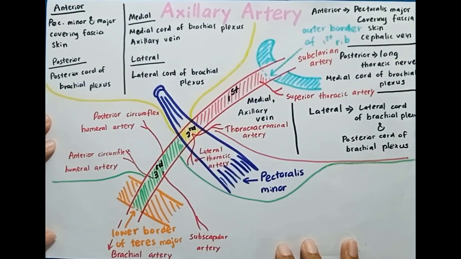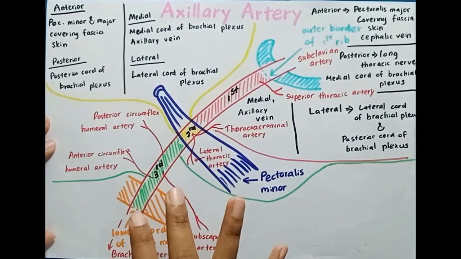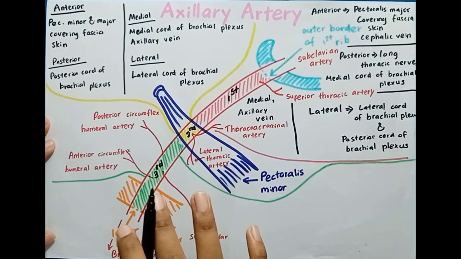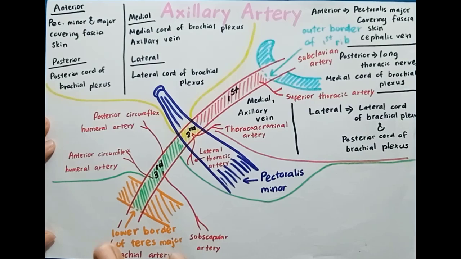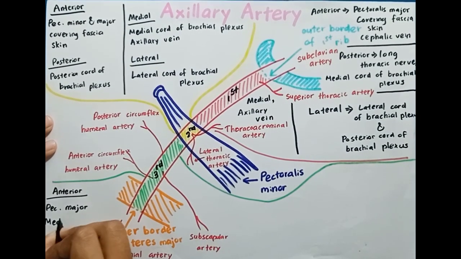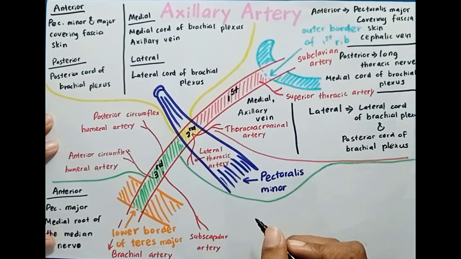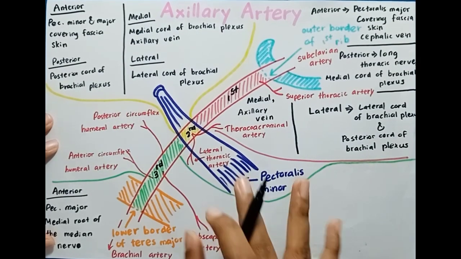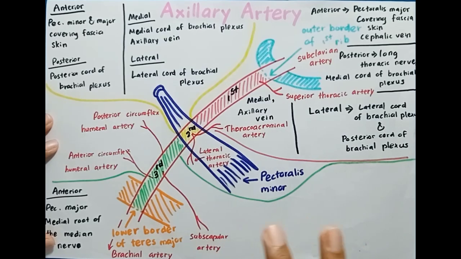Now let's talk about the relations of the third part. Anteriorly, it has the pectoralis major muscle and the medial root of the median nerve. Posteriorly, there are the subscapularis, latissimus dorsi and teres major muscles.